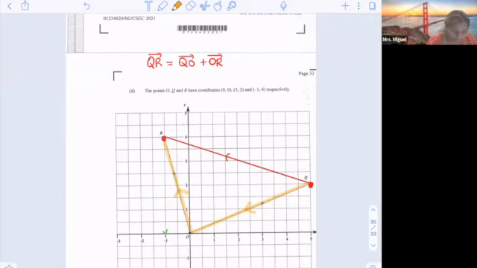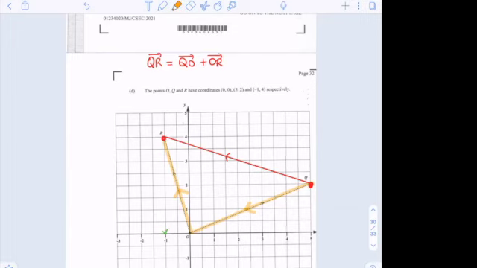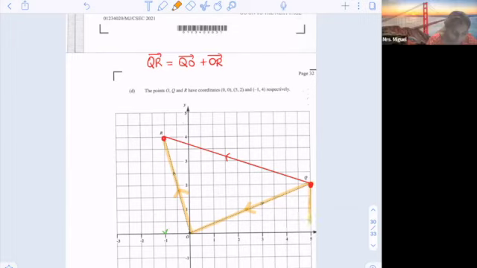Now, what is the vector? What is this coordinate here for Q? What is the point? 5 what? No. 5 is the X. What is the Y? Oh, 2.